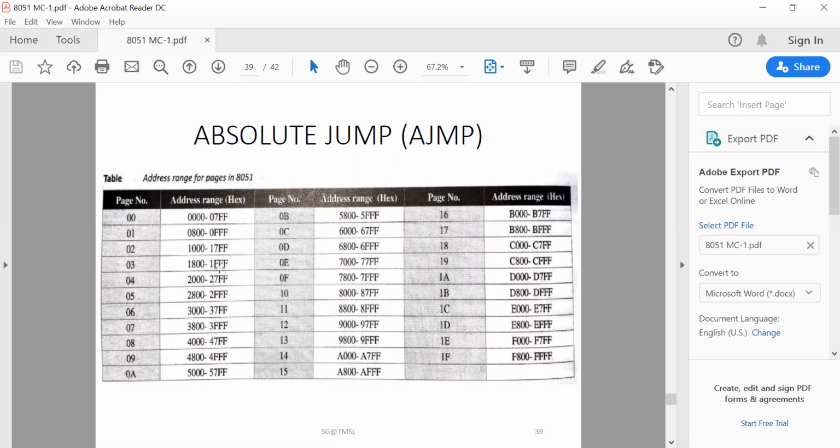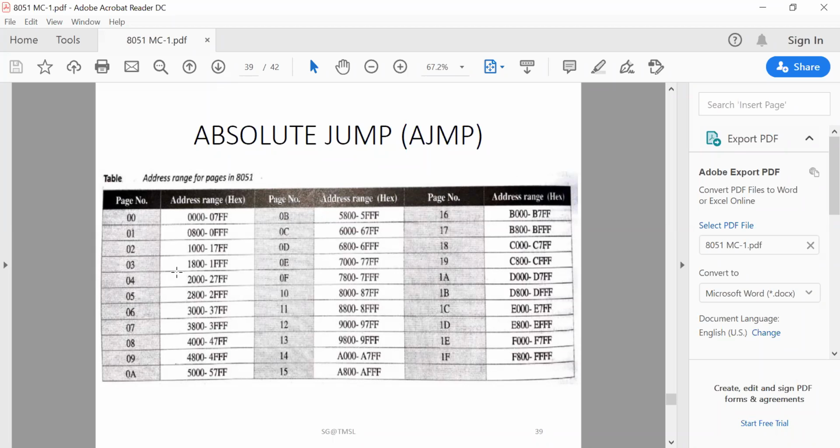Since the upper 5 bits are the same for each page, they need not be specified in the destination address. The lower 11 bits hold the address within a page and need to be specified. Why? Because the upper 5 bits stay fixed, and only the remaining 11 bits change.